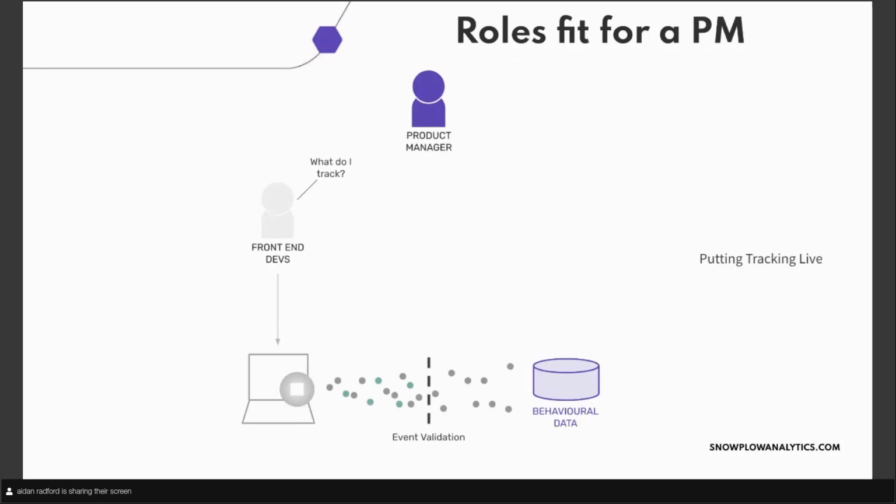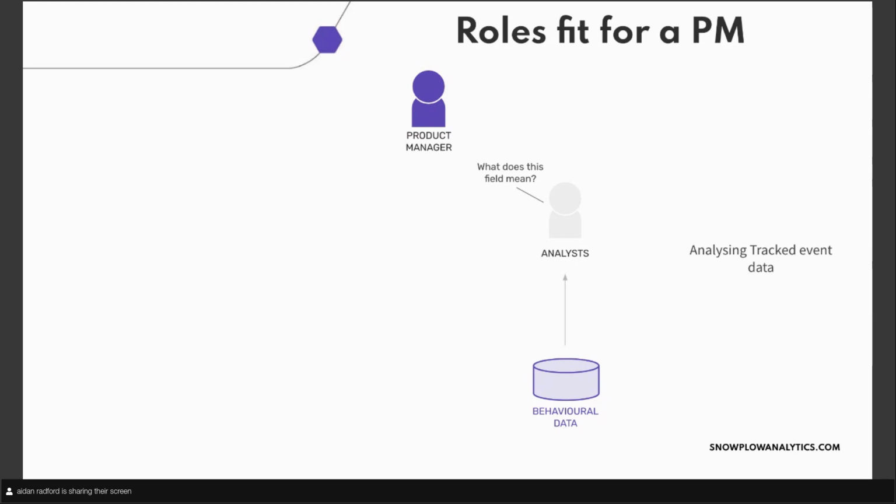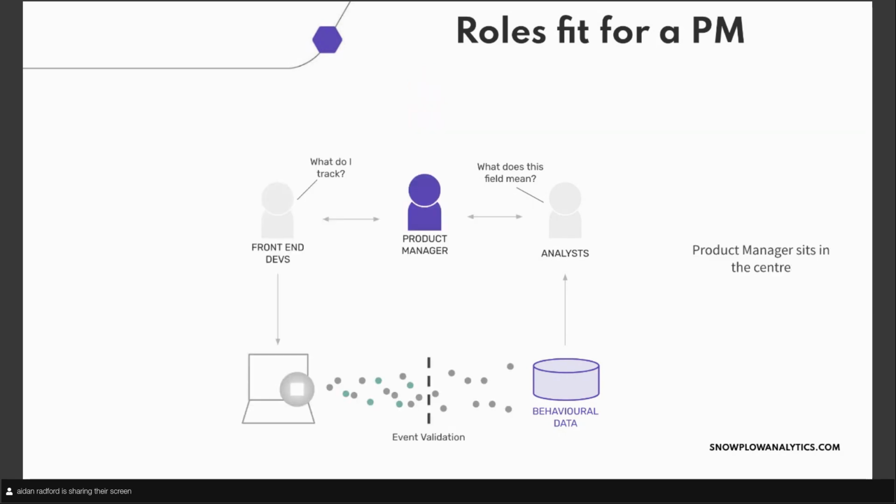So in the before state, we have the situation where a product manager will speak to a front-end developer, who will implement tracking, and then that tracking will lead to events being sent to the data warehouse, from where the product manager can speak to an analyst to generate insights or visualizations and so on.